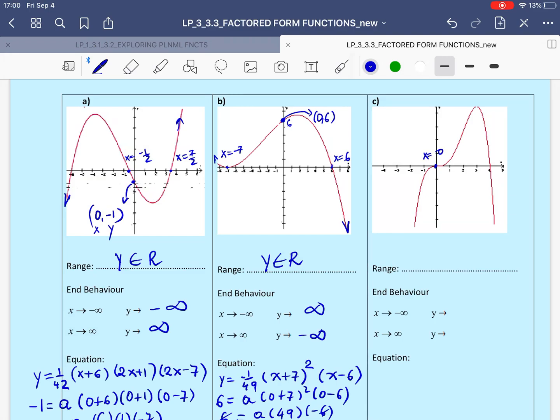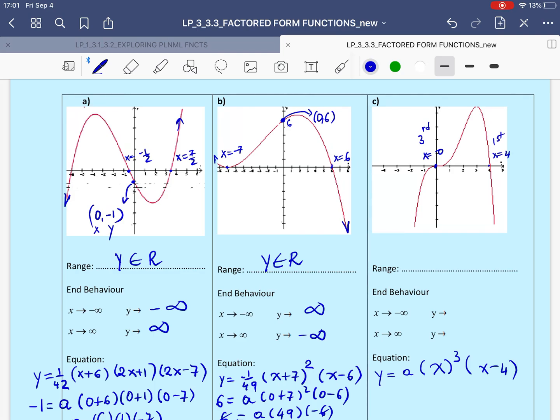In the next equation, we have an x-intercept at x equals 0. That's third order. And an x-intercept at 4. That's first order. So the equation will be some a, x to the power of 3, x minus 4.